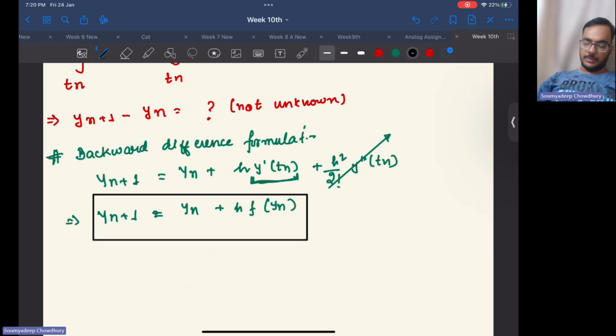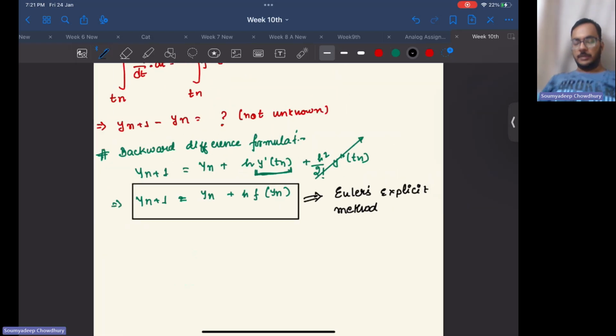This is known as your Euler's explicit method to solve a differential equation. So from this we can find it out.